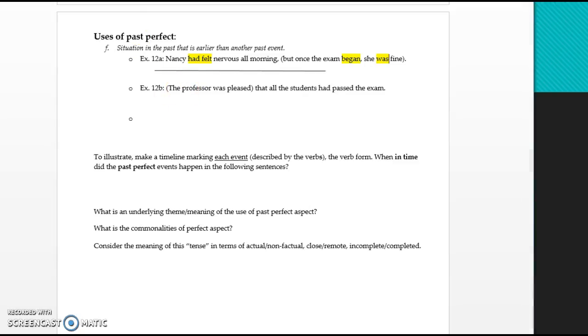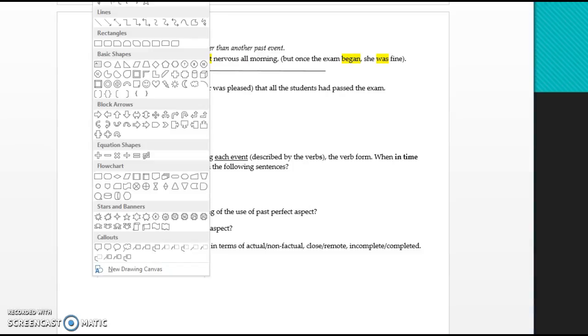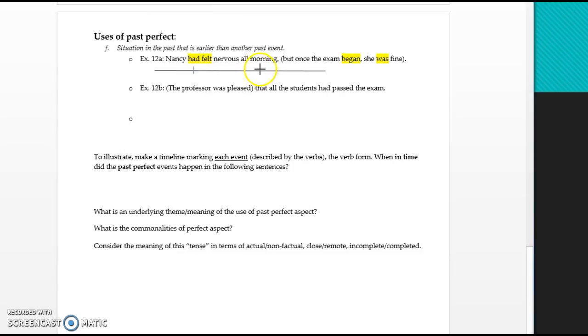Well, the first thing that happened was Nancy had felt nervous, right? The past perfect. Then the exam began. The simple past, and then she was fine. Again, simple past.